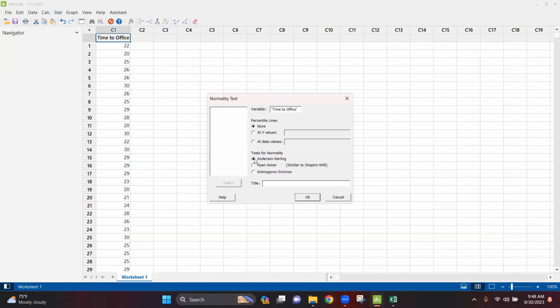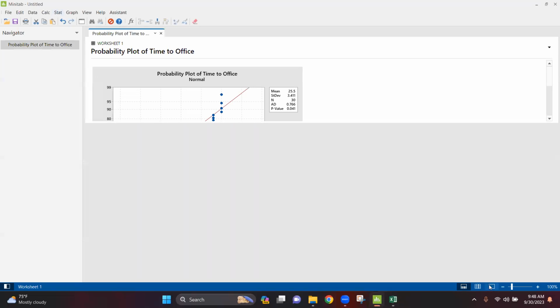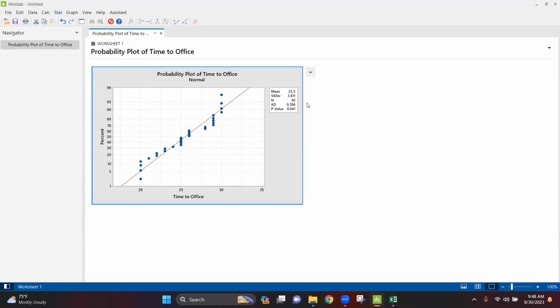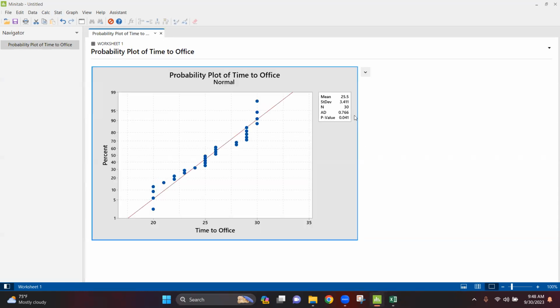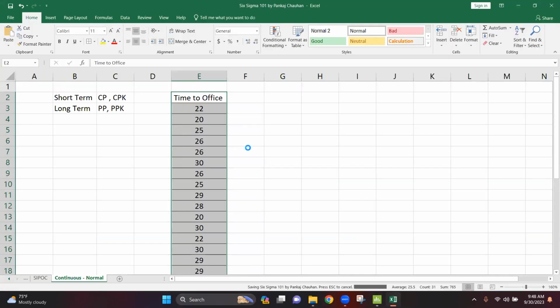Selecting the data, Anderson-Darling is selected by default. Click OK. Unluckily, my data is not normally distributed because the p-value is less than 0.05. But let's assume the data we have generated is normally distributed, and then we calculate the capability.